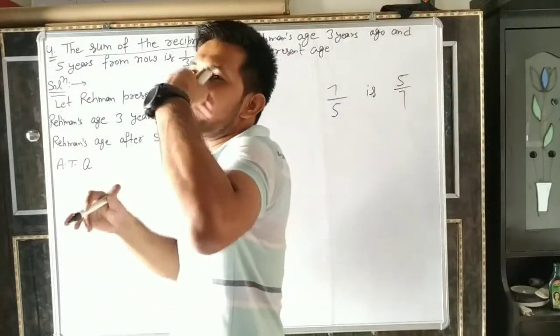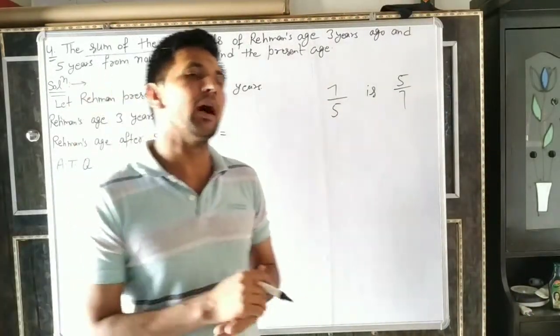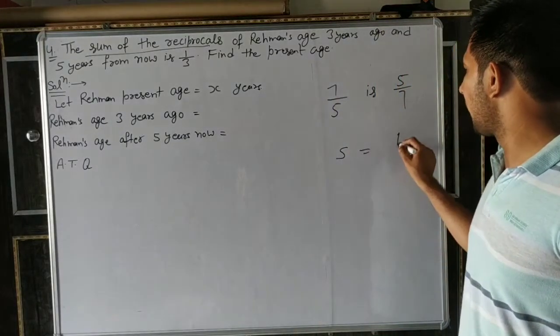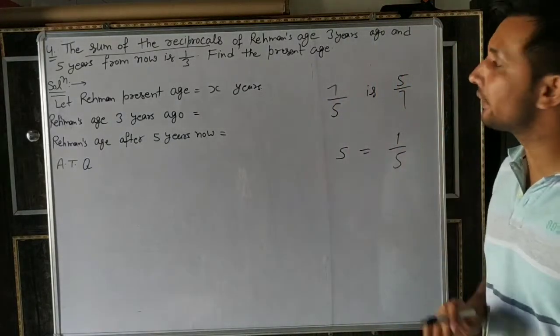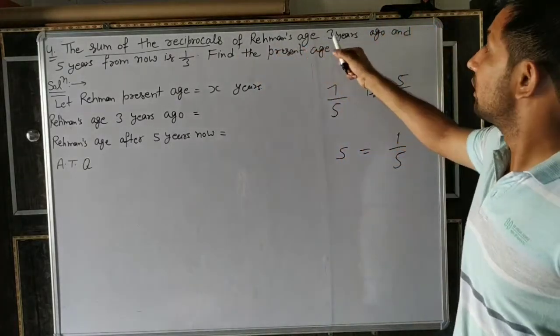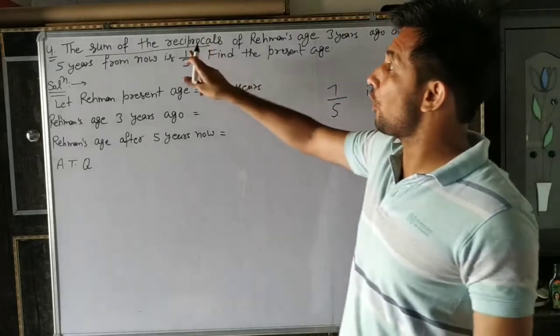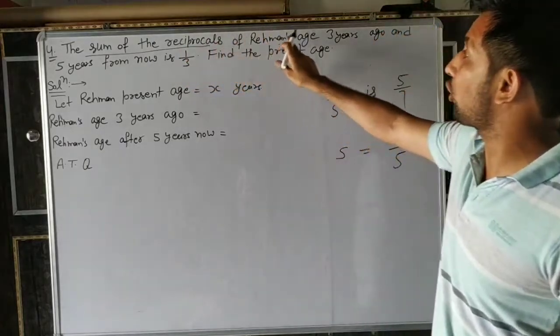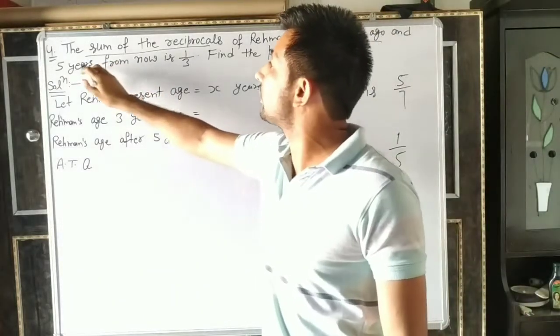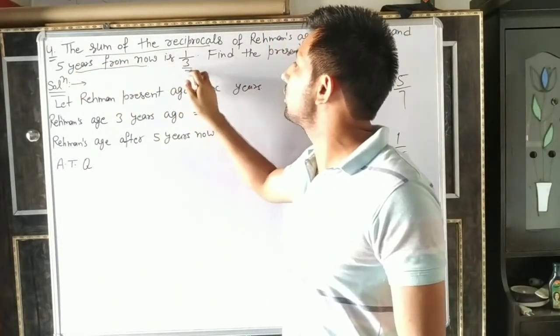It means the numerator becomes the denominator and the denominator becomes the numerator. The reciprocal of 5 is 1 upon 5. Understand it, dear?